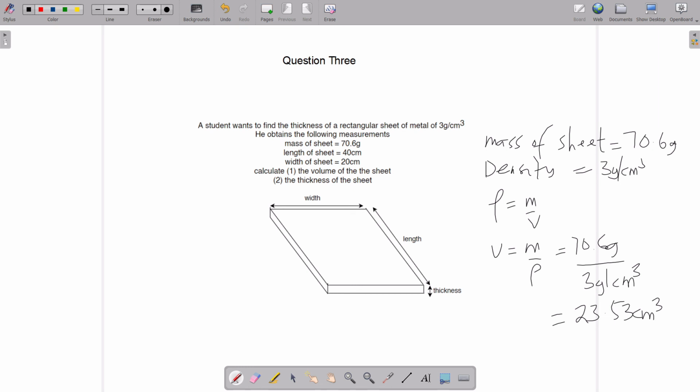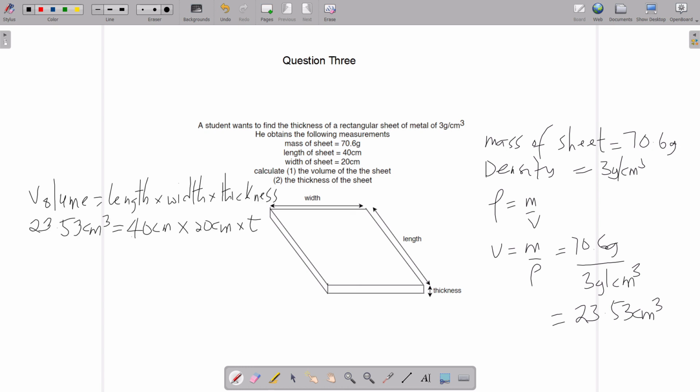We've already found the volume of this metal sheet. Substituting our values, we have 23.53 cm cube is equal to 40 centimeters times 20 centimeters times T, which is the thickness. That will give us 0.0294 centimeter.